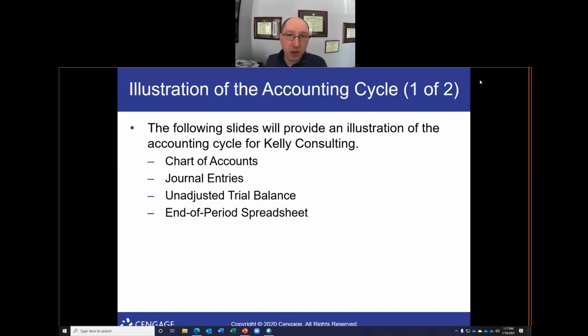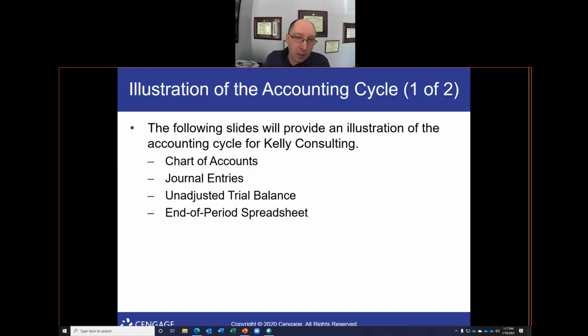I'm going to show you a quick example of the accounting cycle. This is for a consulting company. A consulting company is a service business. What type of consulting do they provide? We don't know that, but we know they're a consulting business. They probably do small business consulting or something like that, right?